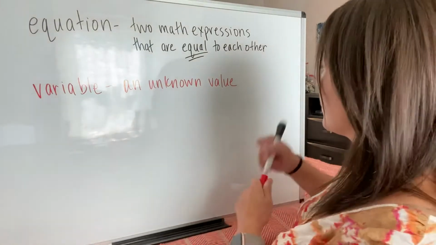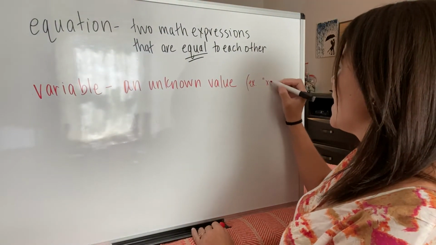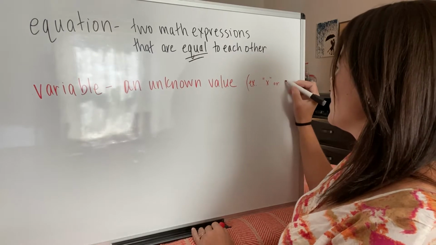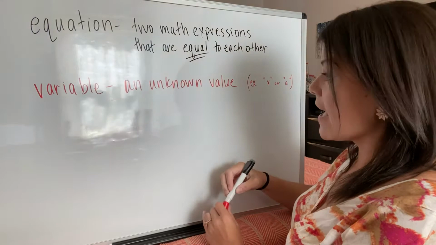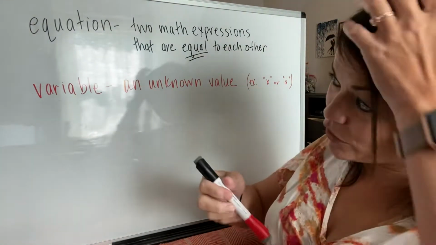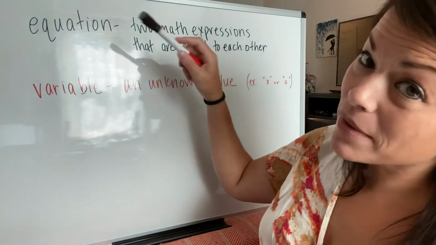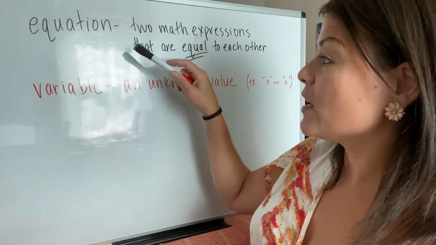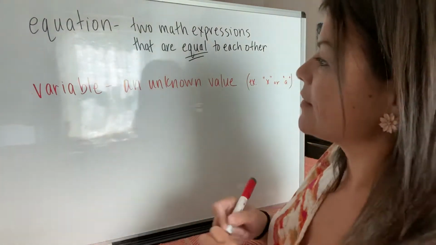So I'll give you an example here. Example, X or A. And the whole point of a variable is that we try to solve a problem to determine what the variable is. And that problem is usually the equation. So in the equation, you have a variable and you're looking for a solution.